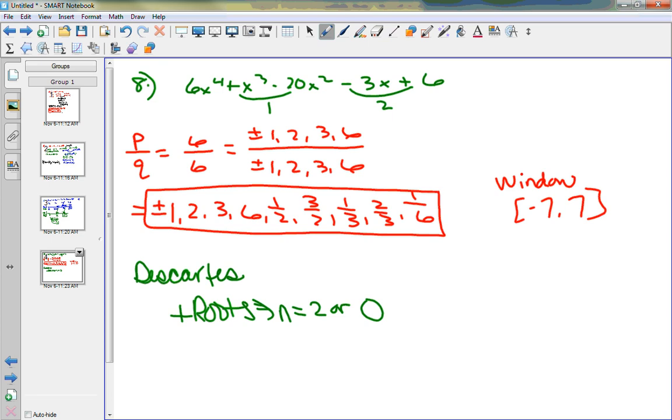Correct? Now I need to do my negative roots. Well, what stays and what goes whenever I do f of negative x? Even stays, odds go, and the constant always stays. Do we understand that? So I'm going to count my sign changes here. There's 1, there's 2. So my negative roots are going to be what?